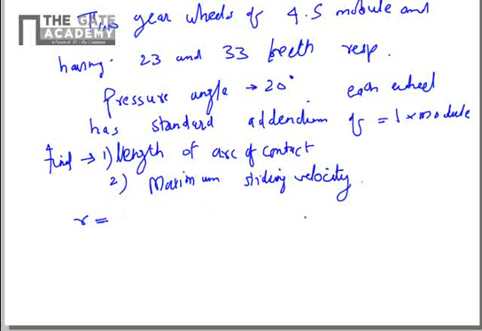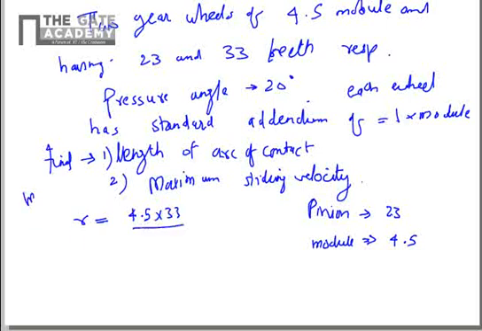So the pinion is having 23 teeth and the module is 4.5. When two gears are in mesh, the module will be the same for both the gears. This is one fact you should remember. So radius will be equal to module into number of teeth divided by 2, since module was d by t.